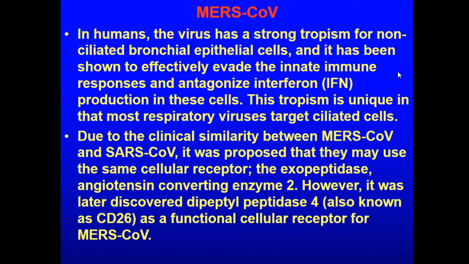And it has been shown to effectively evade the immune response and antagonize interferon, the very good cytokine produced within the human immune system activation, with very strong antiviral activity. This tropism is unique, as most respiratory viruses usually target ciliated cells.